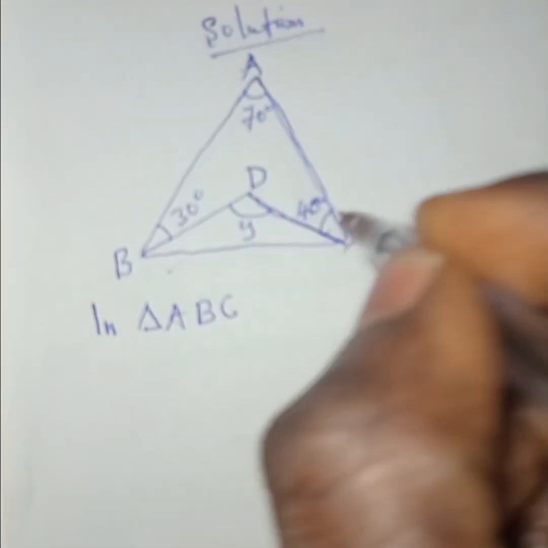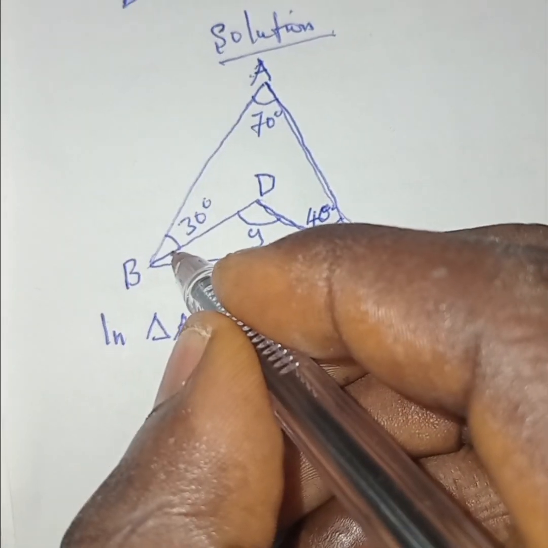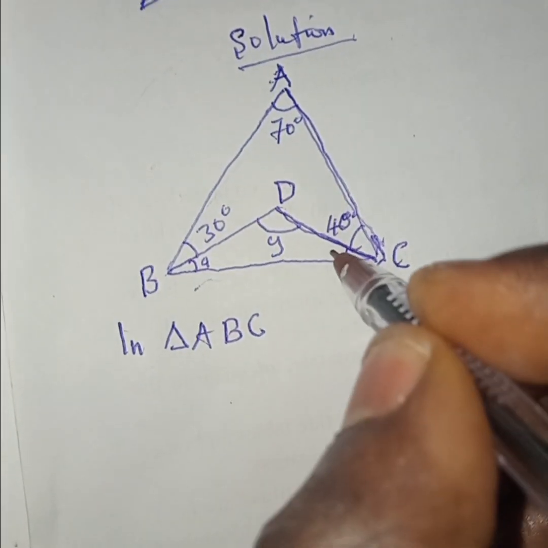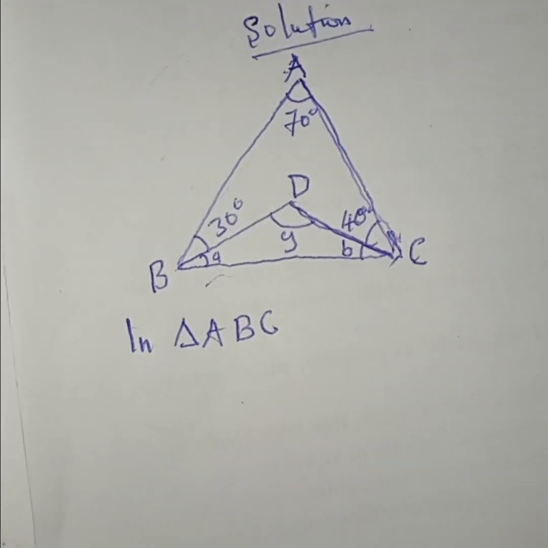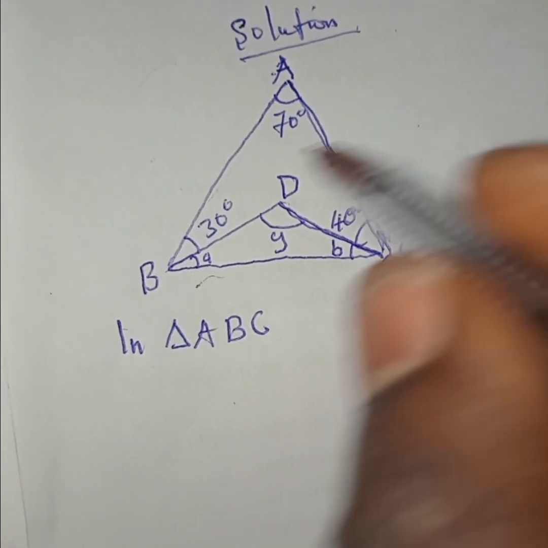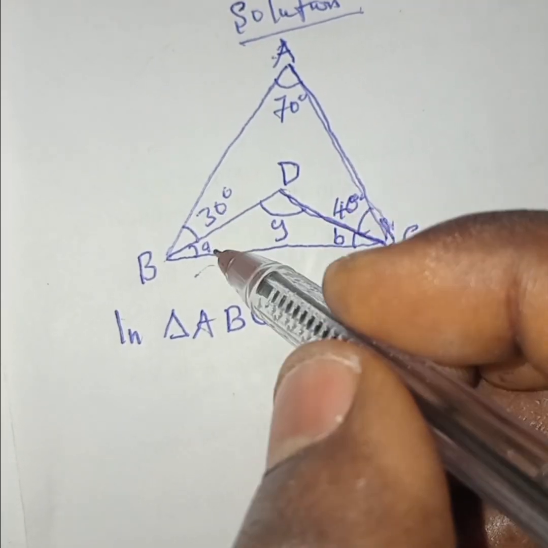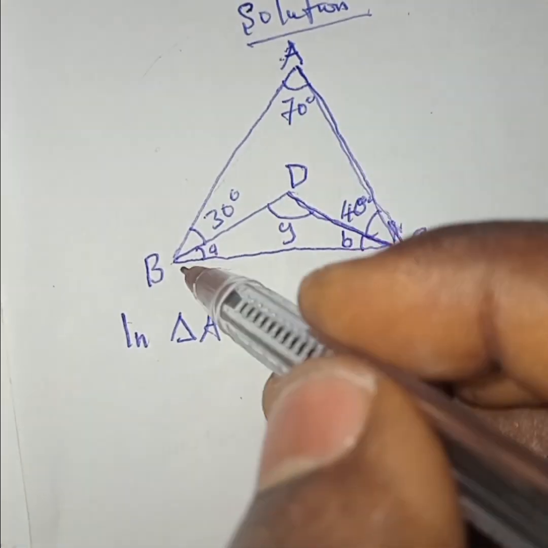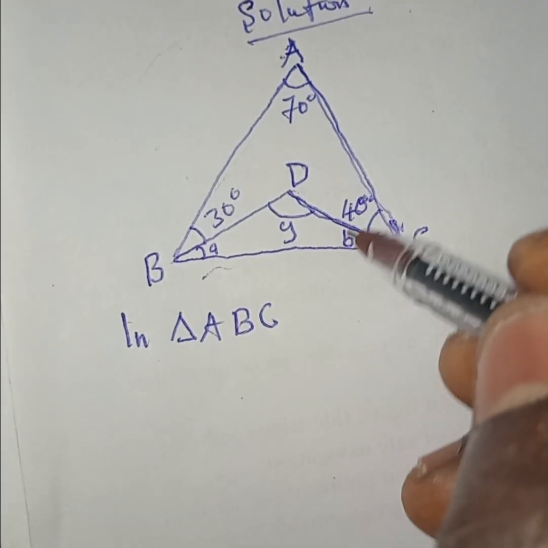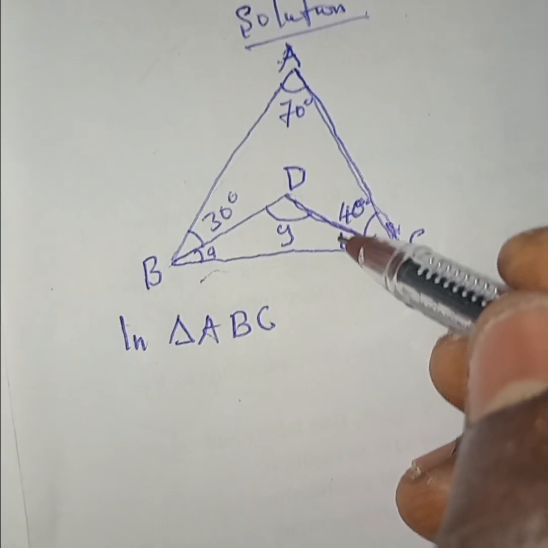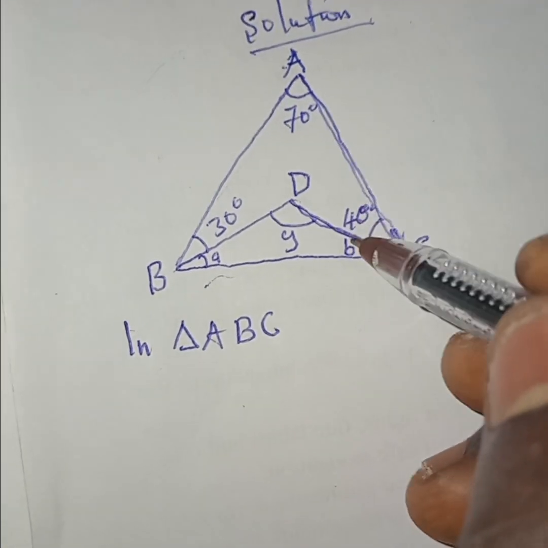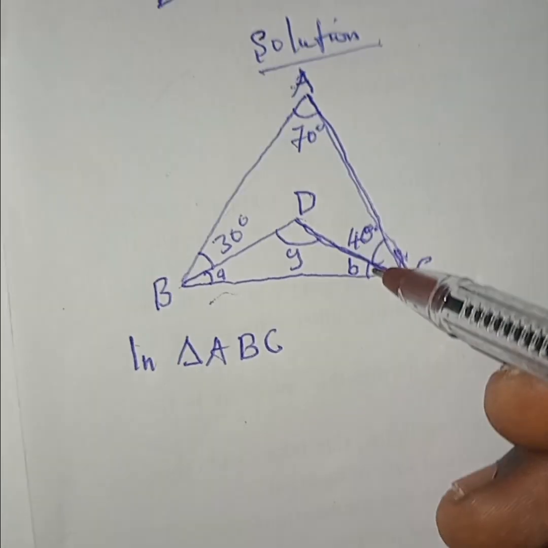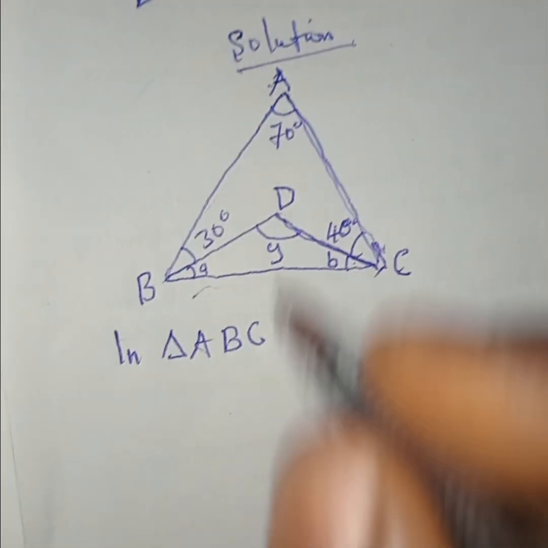So in this small triangle, we don't know the value of here, so let's call it A. We don't know the value of here, so let's call it B. Are you getting it? So 30 and A make up the full angle of the big triangle from this side, while 40 and B represent the full angle of the main triangle from this other side. Are you getting it? Now let's continue.